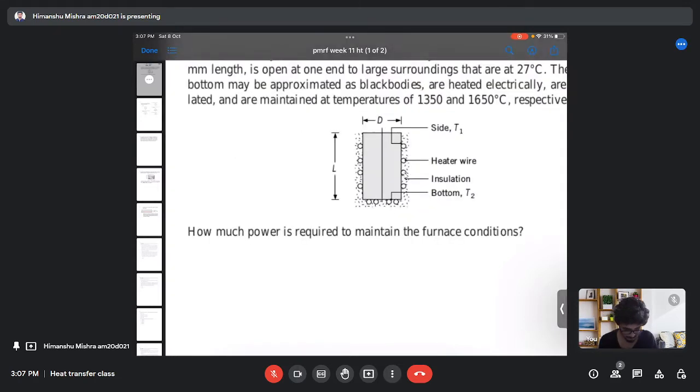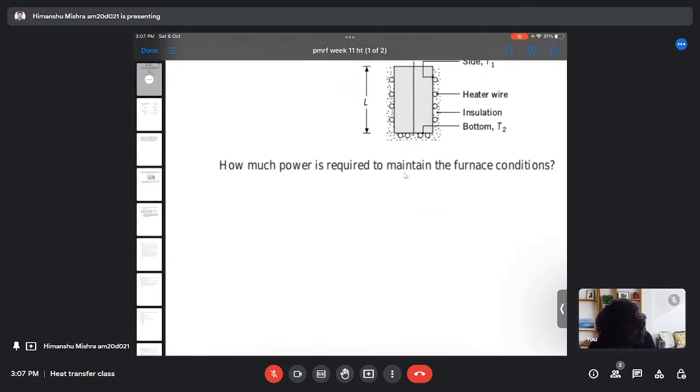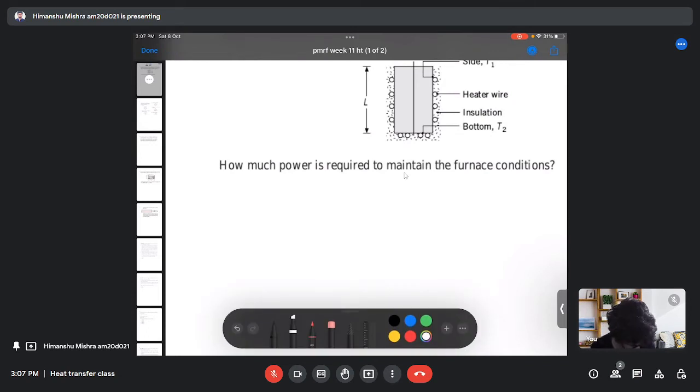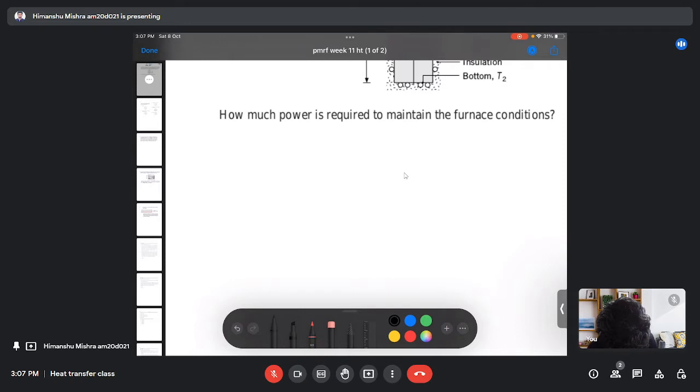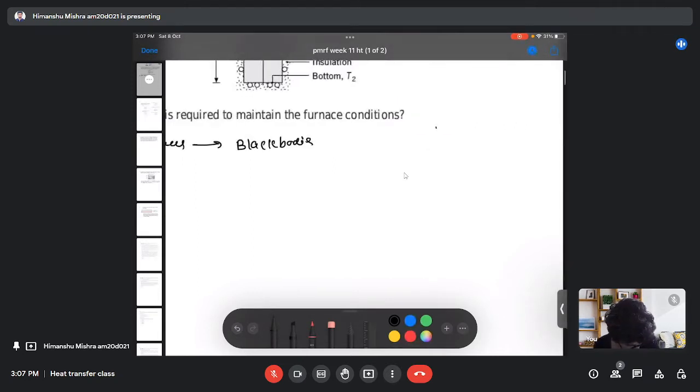In the question, it is given that all interior surfaces are black bodies. So let's define the surfaces first.